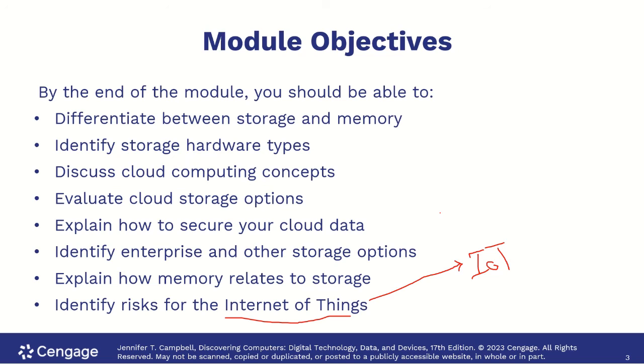And finally, we identified the risks of the Internet of Things. As per the recommendation from different networking companies or networking people, they say that the benefits are larger than the risks with IoT devices.